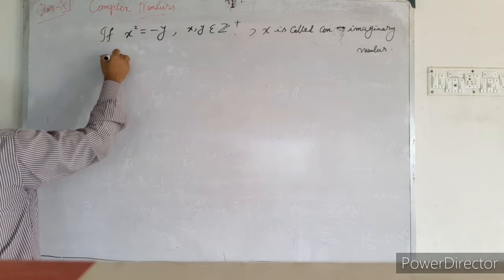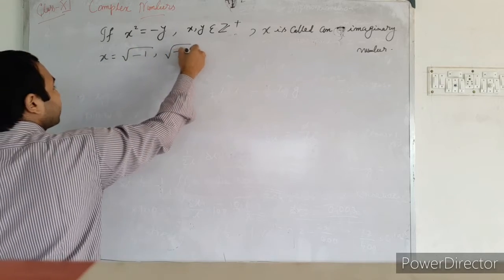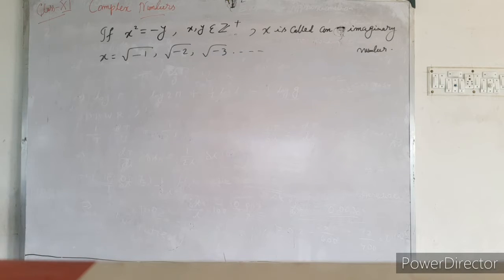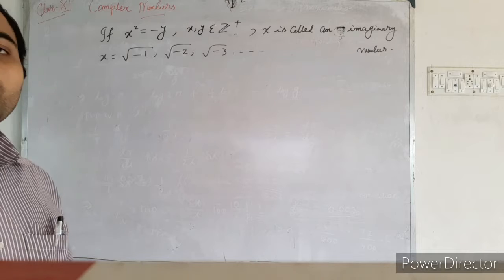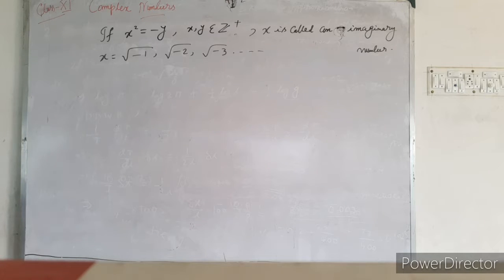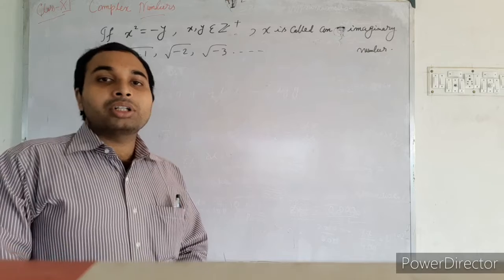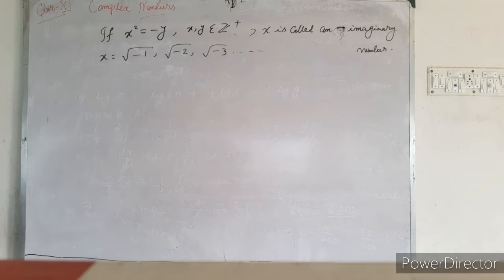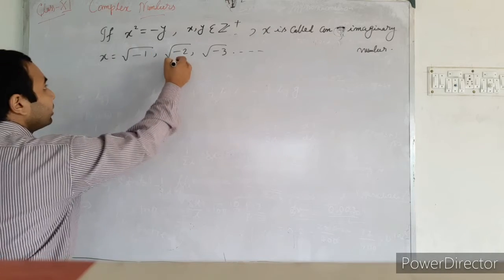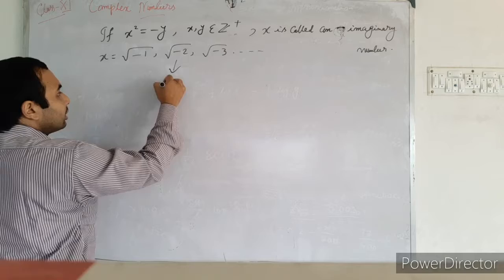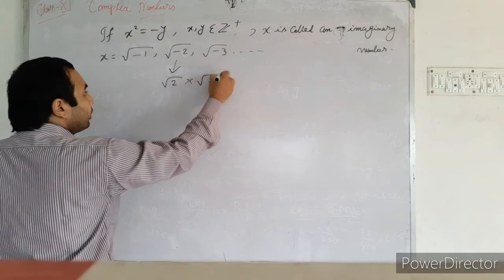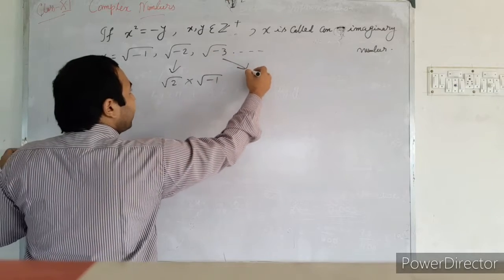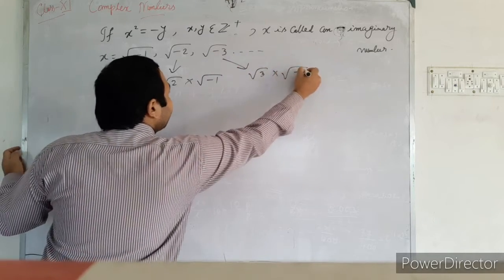As for example, x equals root over minus 1, root over minus 2, root over minus 3, and so on. So this is the fundamental concept of the imaginary number: whenever the square of the number comes negative, that number is called an imaginary number. If this is root over minus 2, it can be written as root 2 into root over minus 1, and root 3 into root over minus 1.